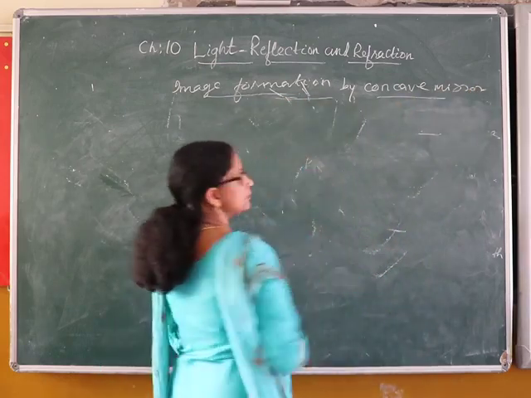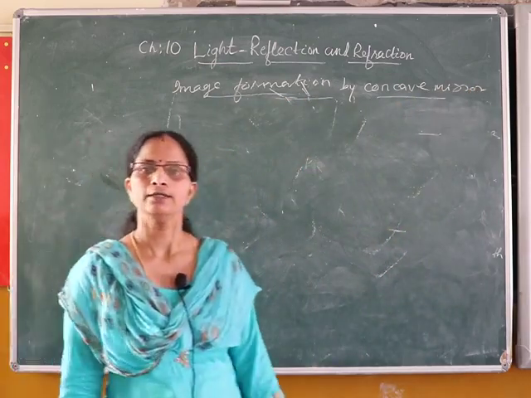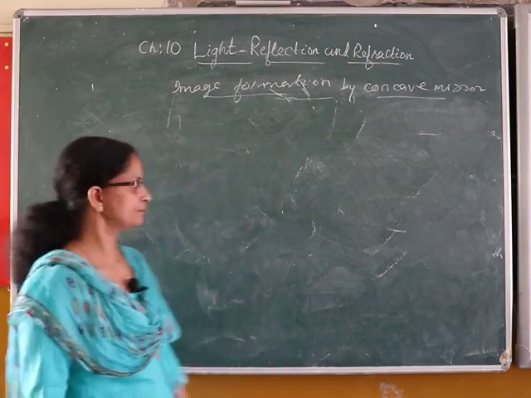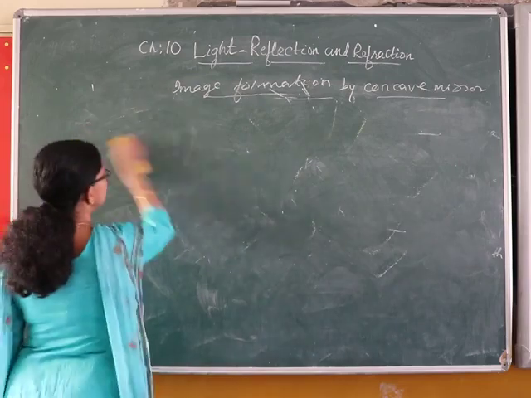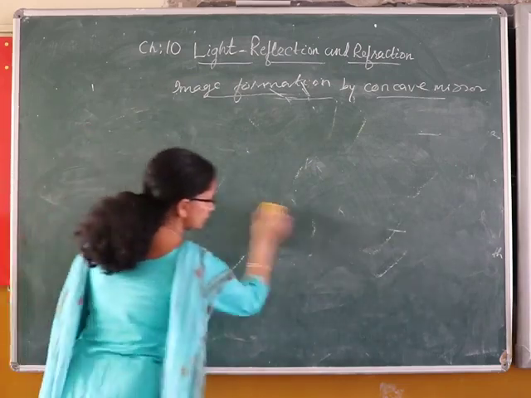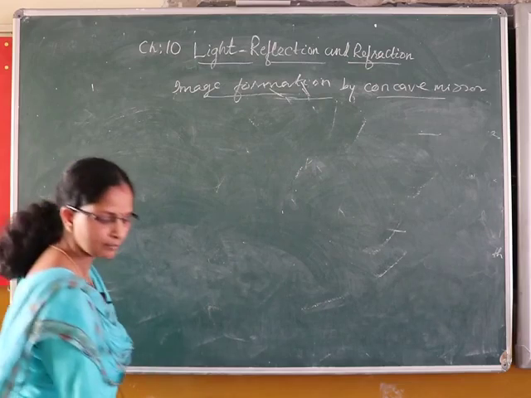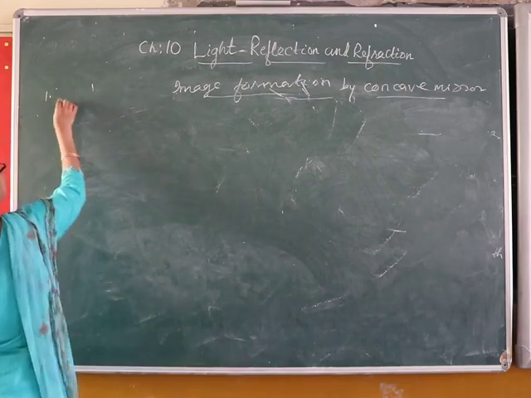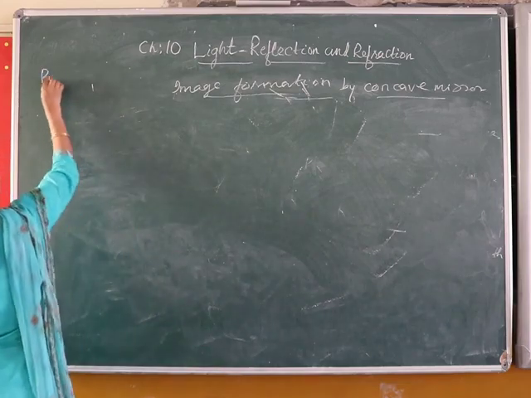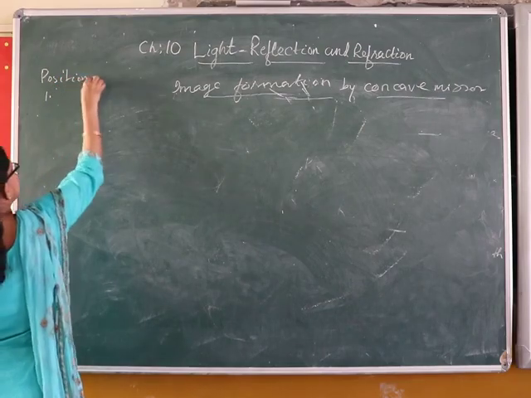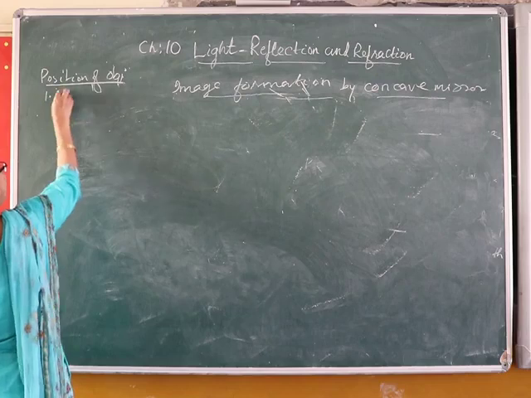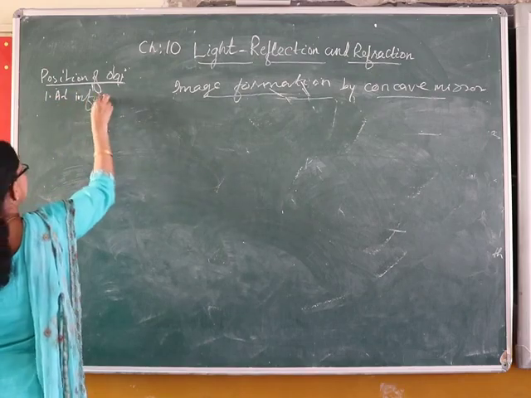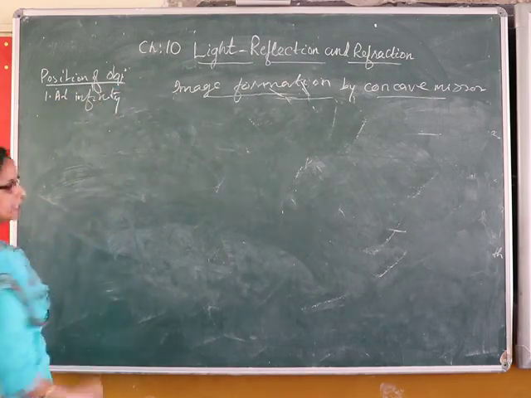A concave mirror can form its image in 6 different situations. The first situation is when the object is at infinity, meaning when the object is very, very far away from the mirror. The position of the object is at infinity.